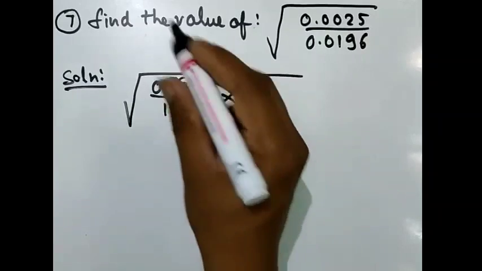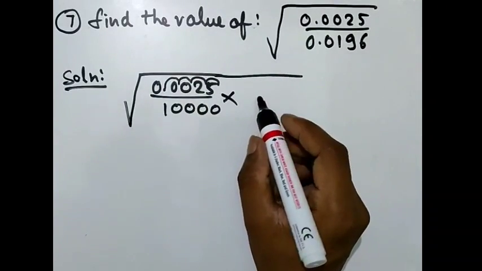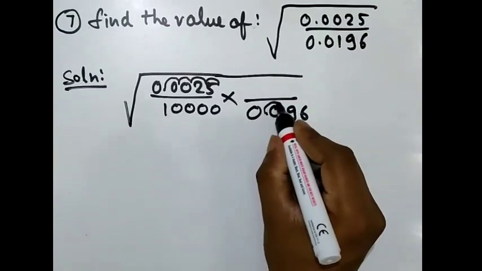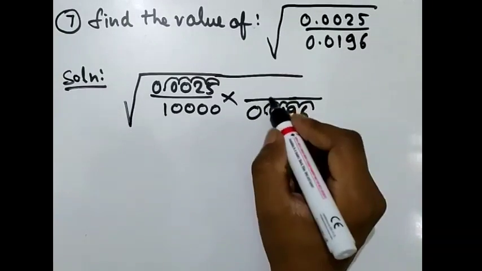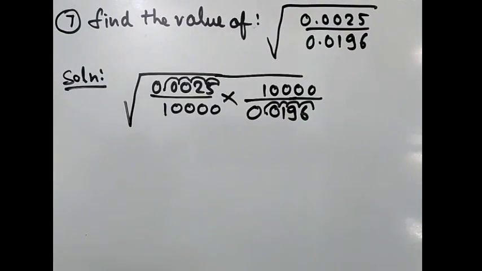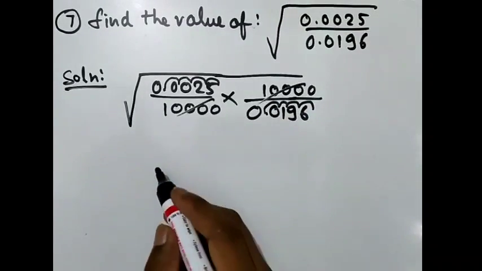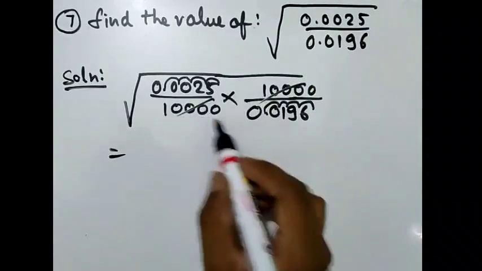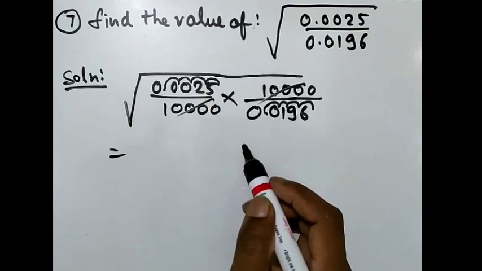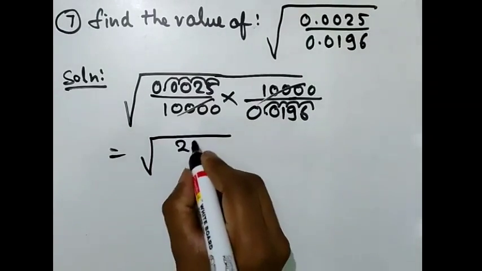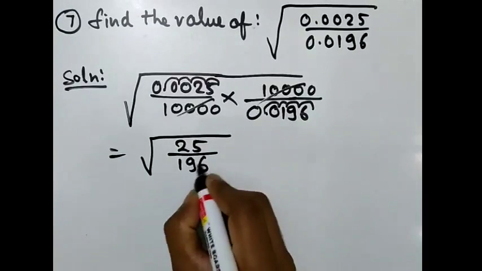And we had 0.0196, so 4 decimal places, so it will become 196 by 10,000, and 10,000 and 10,000 cancelled. We could have changed it directly, but I'm just showing it to you. So square root of 25 by 196.